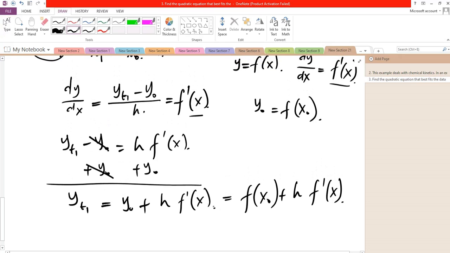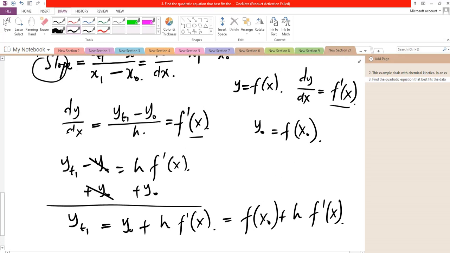Now this expression here is the slope at x.